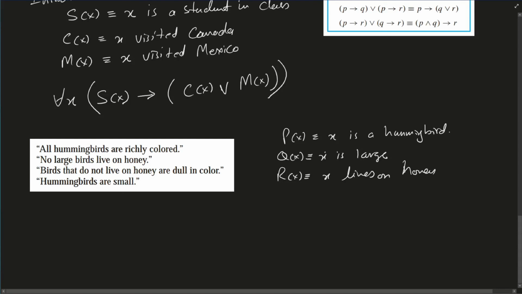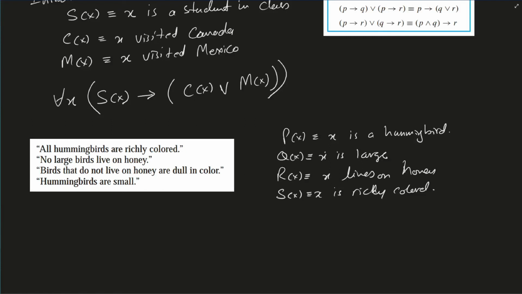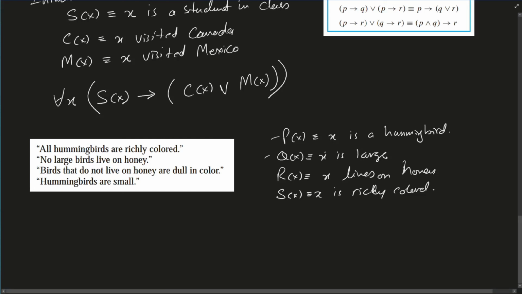And let's also define S of x as x is richly colored. Now we can express the entire argument using quantifiers and P of x, Q of x, R of x, and S of x.